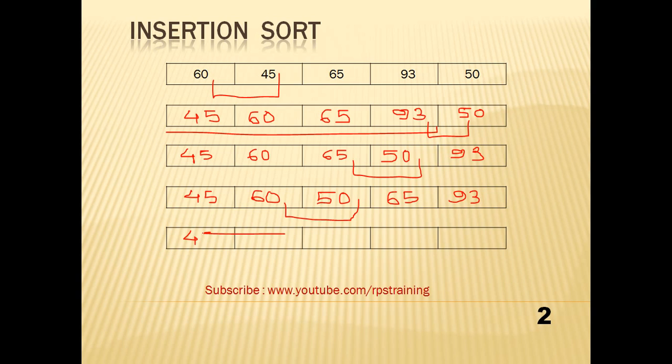Then 45, 50, 60, 65, 93. And here 45 is less than 50, so the array will remain the same, and we have sorted the array.